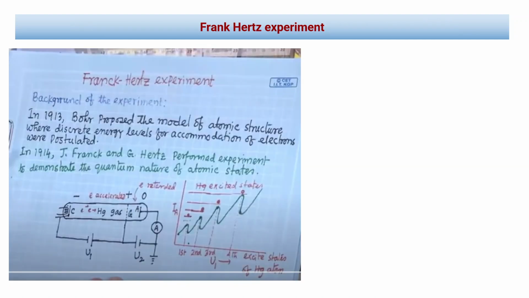And then we had discussed the Frank-Hertz experiment, which strengthened Niels Bohr's theory that electrons are in discrete energy levels. This was a very important, very interesting experiment, how they thought of it and what kind of results we saw.